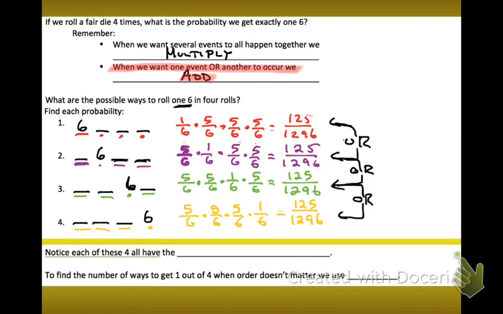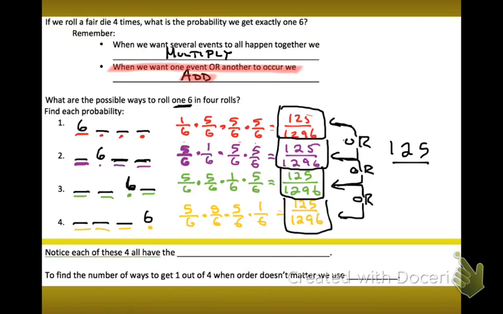So if we add all those up, so we take our first one, plus our second one, plus our third one, plus our fourth one, you actually end up, I'm not going to write it out here just for lack of room, you'll end up with, when it's reduced, 125 out of 324.